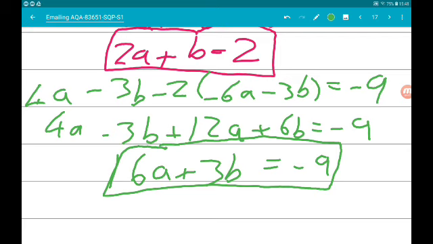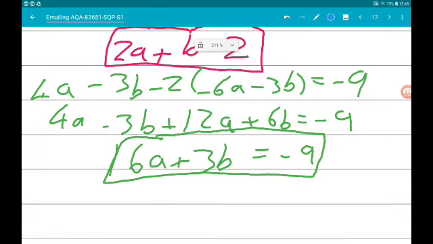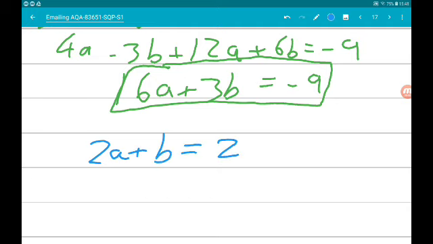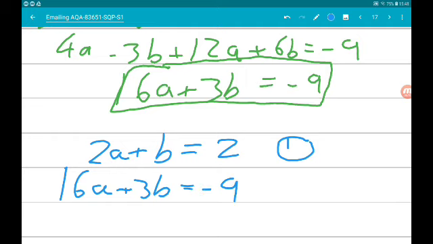Alright, okay. Let's now write these down. Here we've got 2a and b is equal to 2. Let's call that equation 1. And we've got 16a and 3b is equal to minus 9. Call that equation 2. Okay.